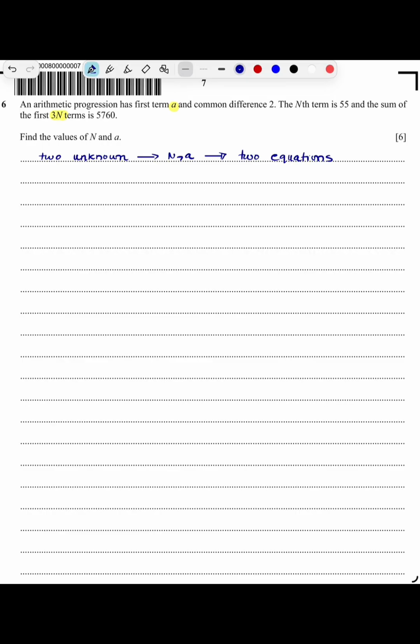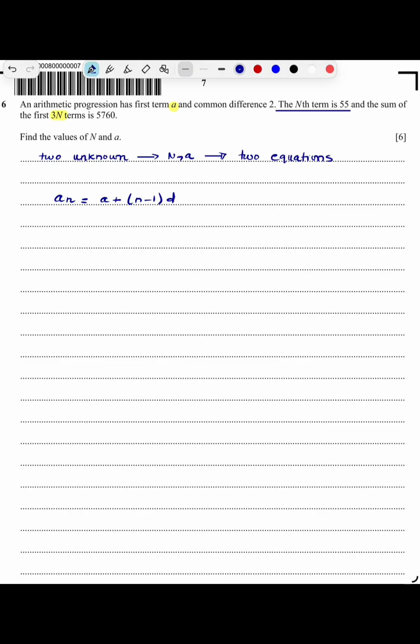Okay, remember that the formula for the nth term is a plus (n minus 1) times d, right? And here it is given that the nth term is 55.